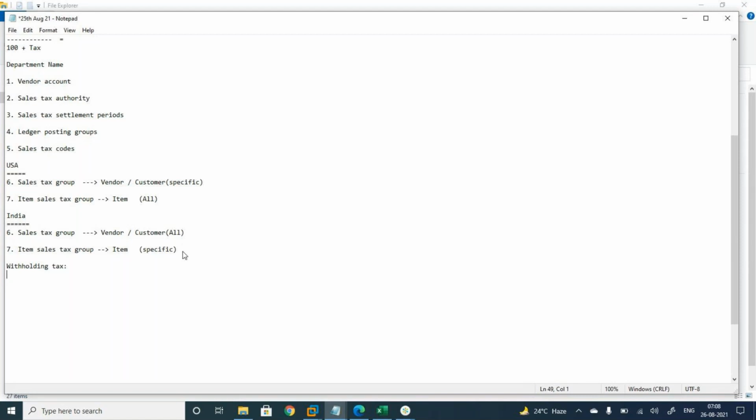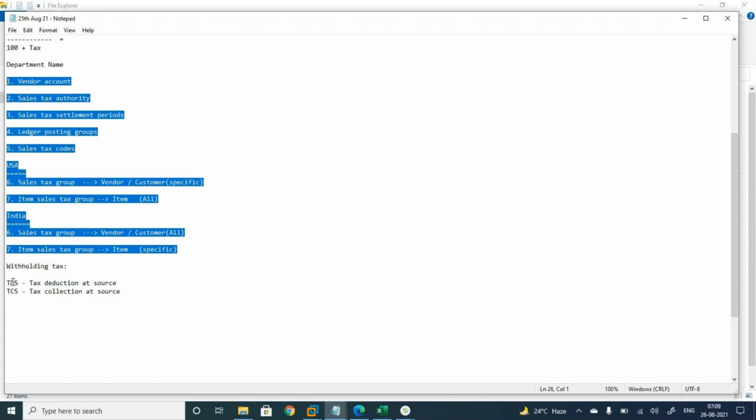TDS means tax deduction at source, and TCS is tax collection at source. These are direct taxes, and these are indirect taxes.